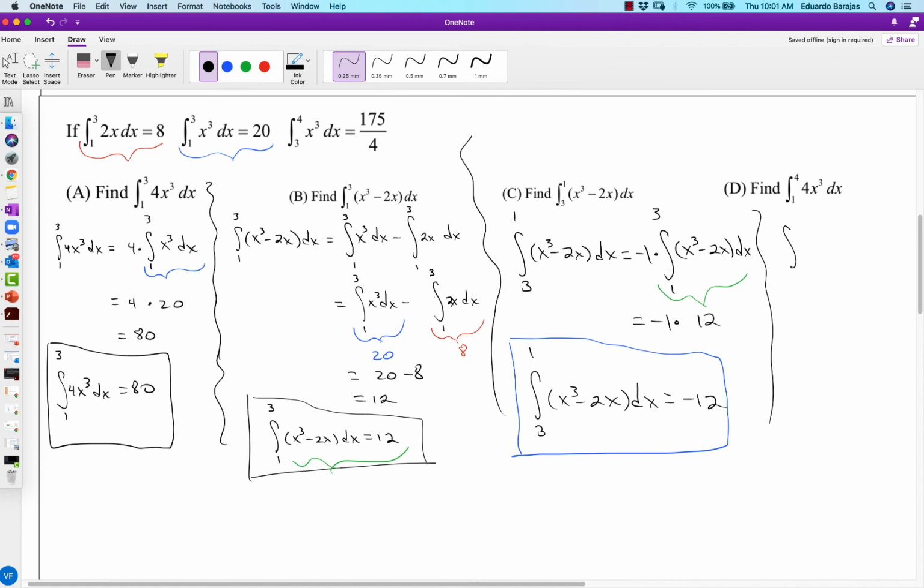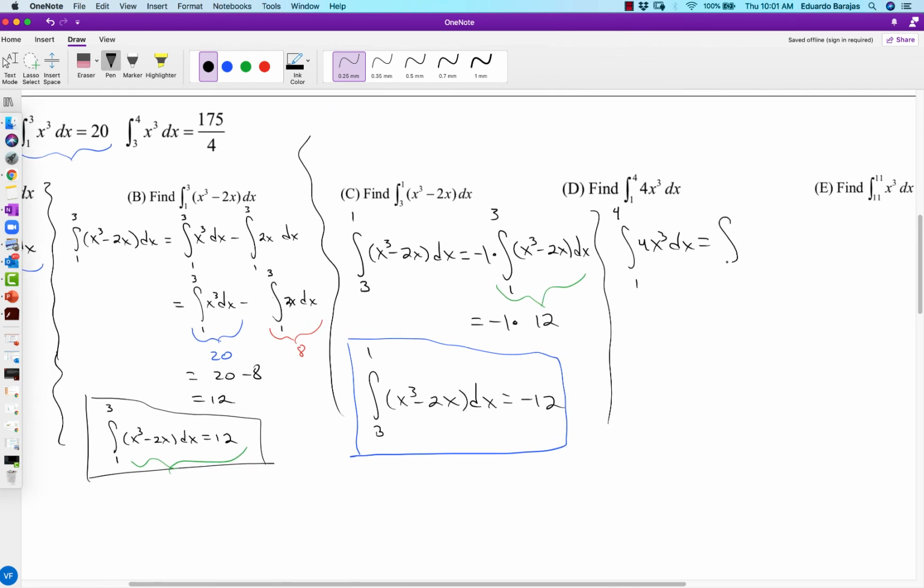So I'll say that the integral from 1 to 4 on 4x cubed dx is going to be equal to the integral from 1 to 3 on 4x cubed dx plus the integral from 3 to 4 on 4x cubed dx. That's a really ugly integral sign.